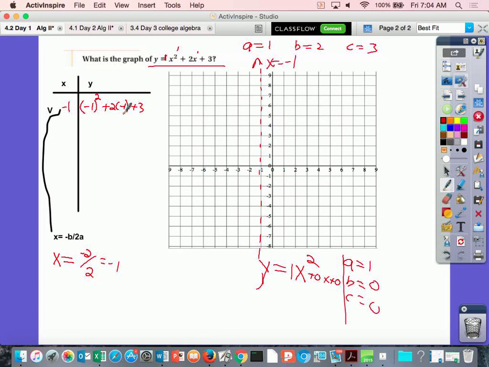Anytime you square a number, it's positive. So put that in brackets, otherwise if you were to use a calculator, which I don't want you to, it would not give you a positive, and we can talk about that later. But anyhow, the y value of the vertex would be 2. So negative 1, 2.